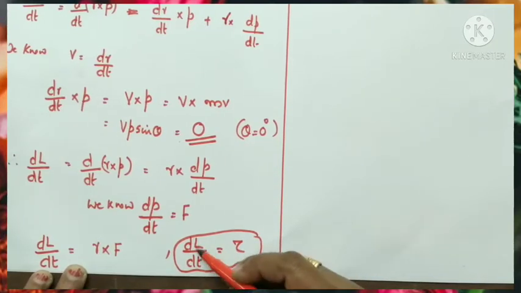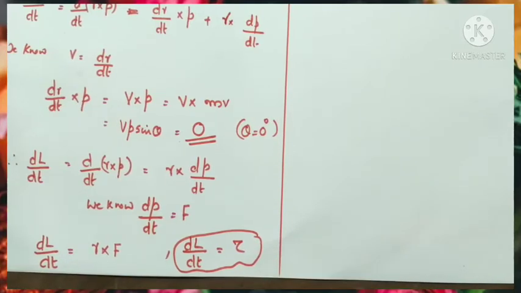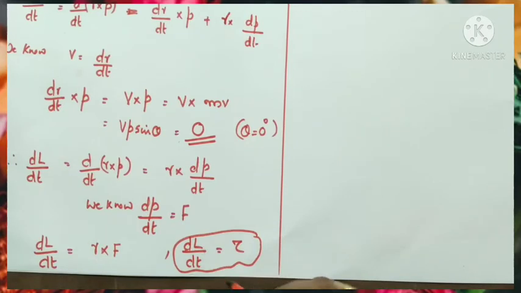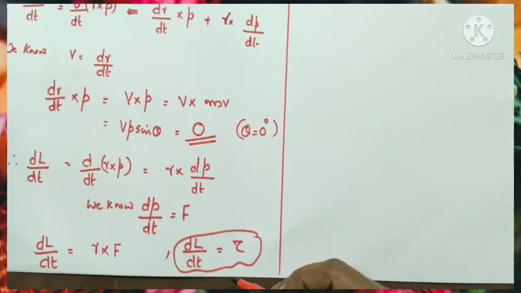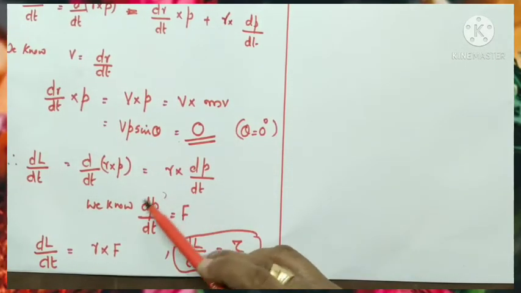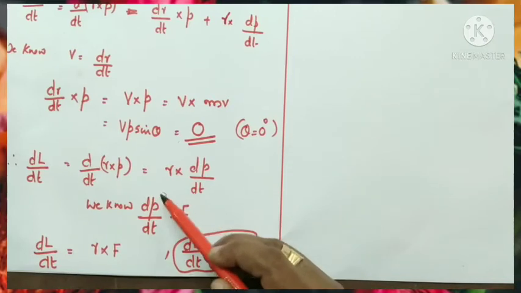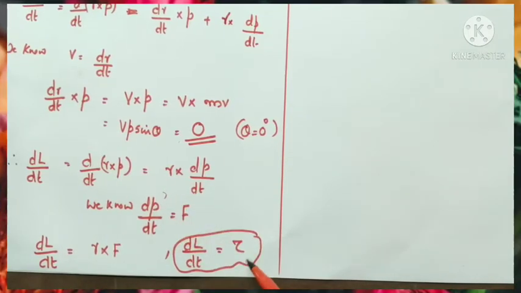The rate of change of angular momentum is actually the torque. In rotational motion we know torque is equal to rate of change of angular momentum. In linear motion, what is force? We know force is equal to rate of change of momentum. In linear motion, straight line motion, force is rate of change of momentum. In rotational motion, torque is rate of change of angular momentum.